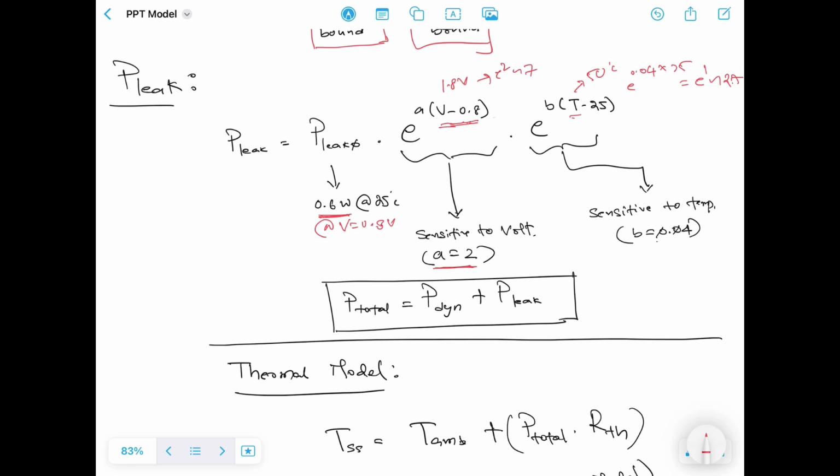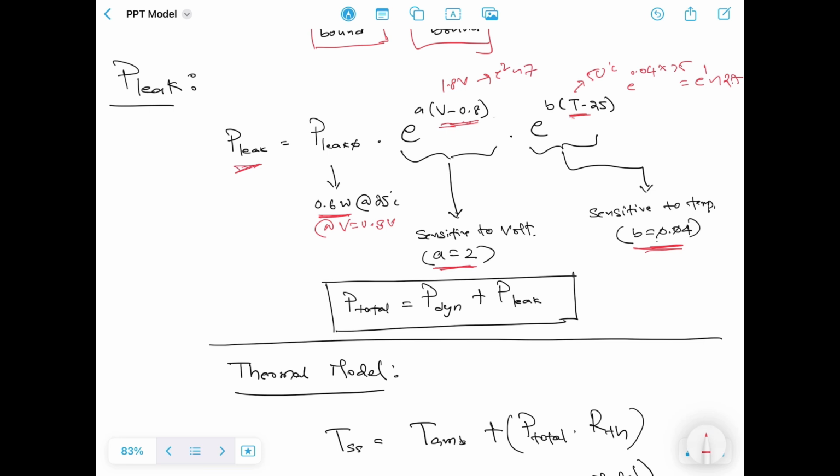So basically what this means is for every 25 degree increase in temperature, we will see a 2.7 times increase in leakage. The other thing to highlight is that leakage power is much more sensitive to voltage than it is to temperature. That's why these constants were chosen with that in mind.